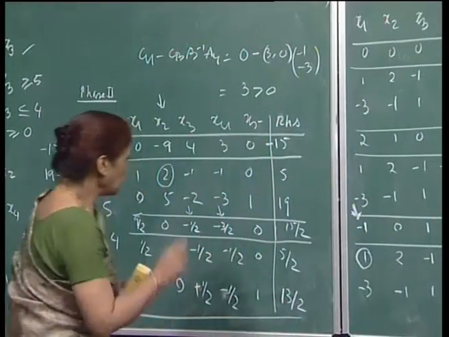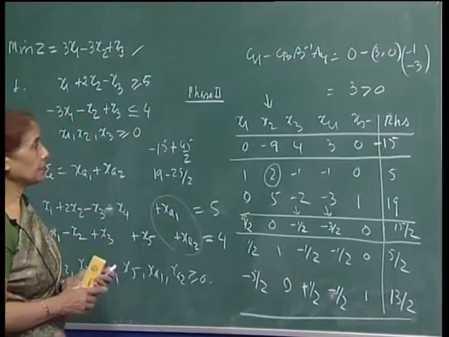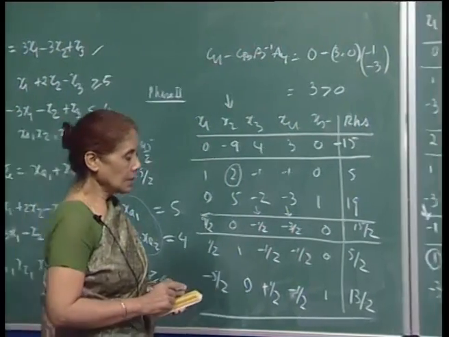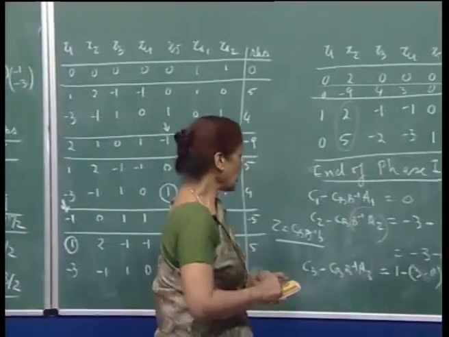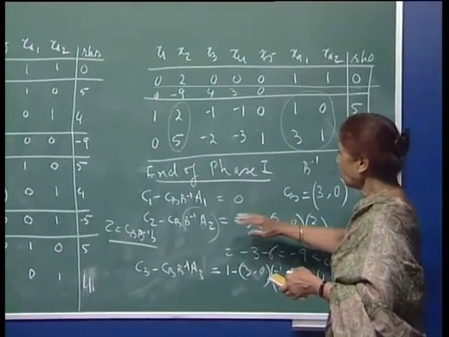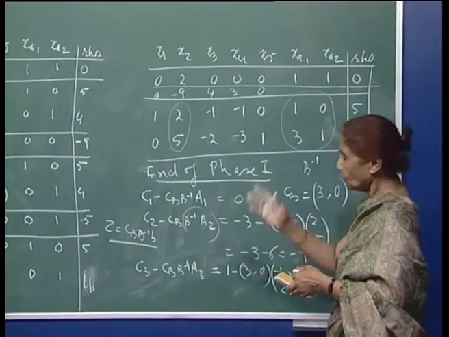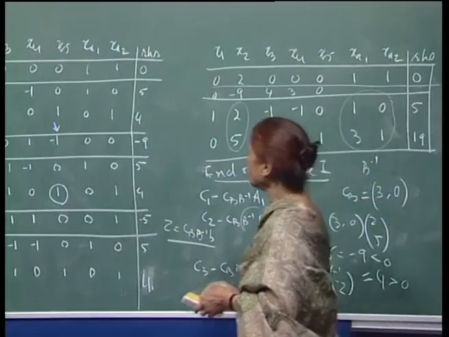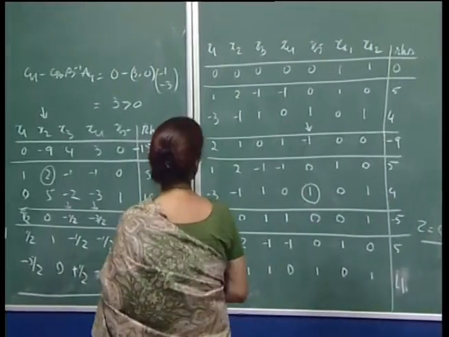Right. Now what I want to say here is just one improvement on this method. You remember, after phase 1, I need the Cj bars corresponding to the original objective function. So why don't we just carry it? Let me quickly show you.